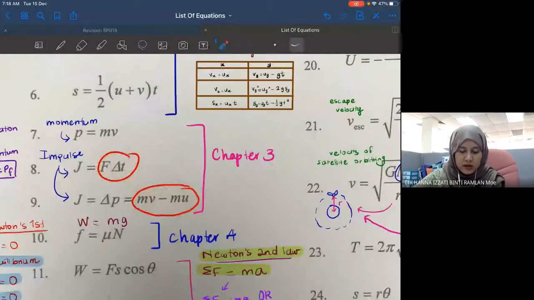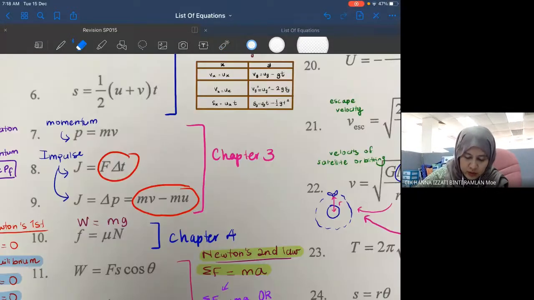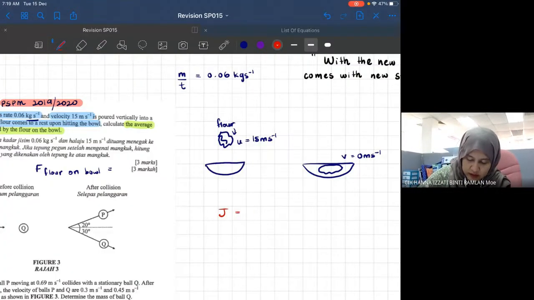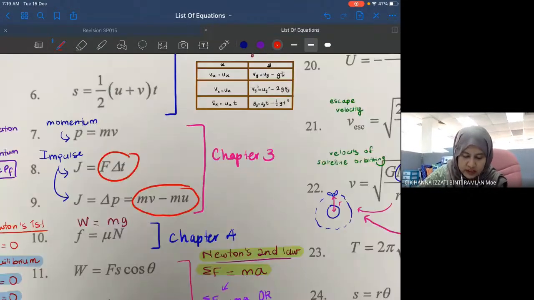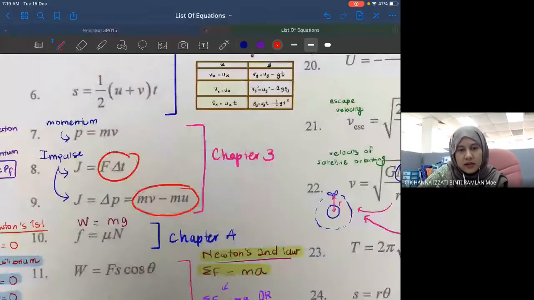Okay. Right, and then kita tahulah the idea is that kita akan guna dua formula ni, iaitu J is equals to Ft ataupun J is equals to, what is it? Delta P kan? So delta P is change of momentum, so maksudnya mv minus mu, okay?